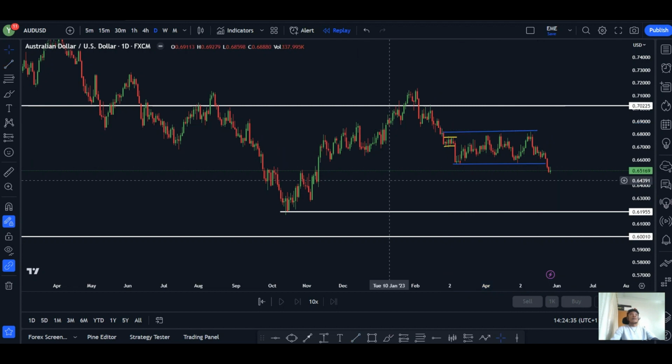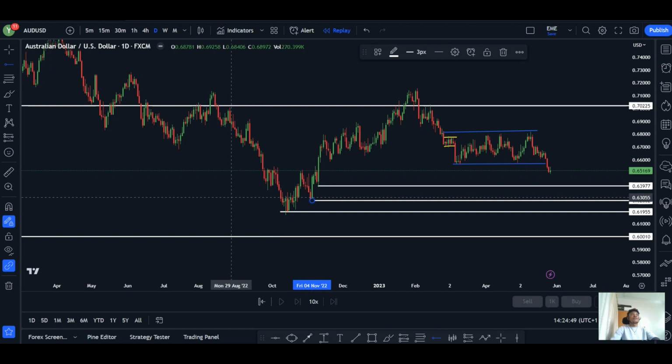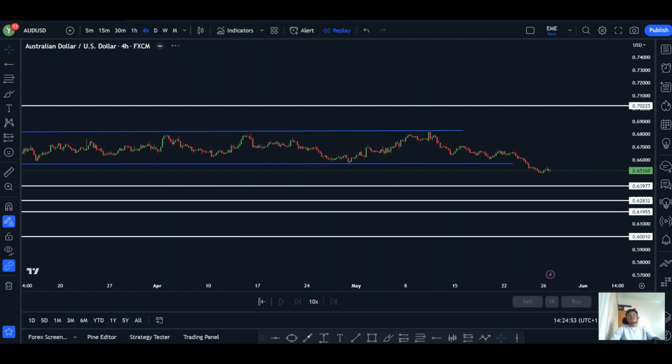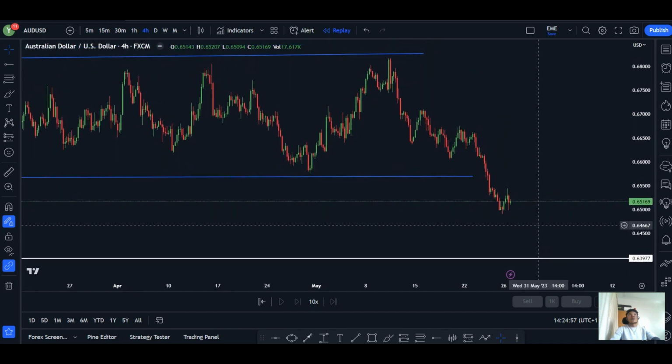So once we start having this momentum kicking, we're likely going to tag into this level here, the 0.61955. And if you look to the left, the intermediate zones we have will be this level here, and these levels will be our take profit levels, and where we want to reassess and see if the market will give us some pullback.